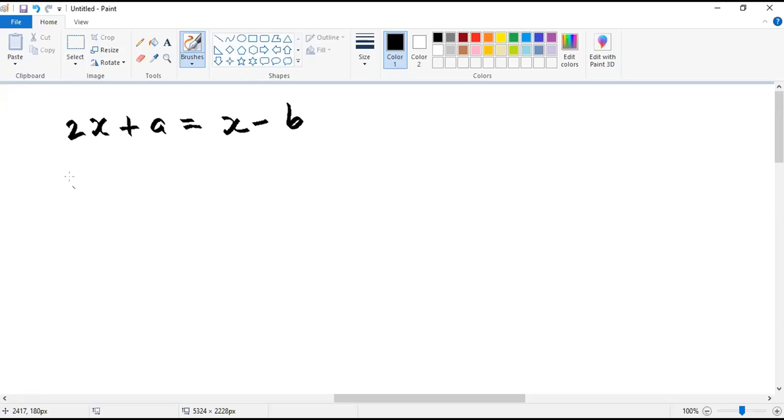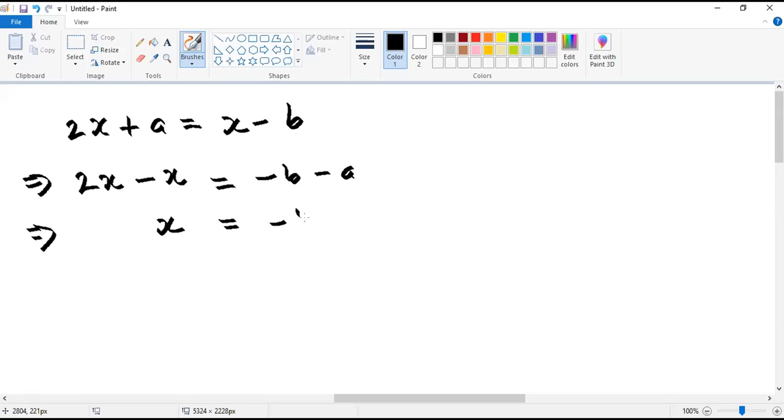I may work three. So group the x terms. Okay, now 2x minus x equals, so we can say minus b minus a. This one is kind of simple because we can just say equal minus b minus a. So not much there, right?